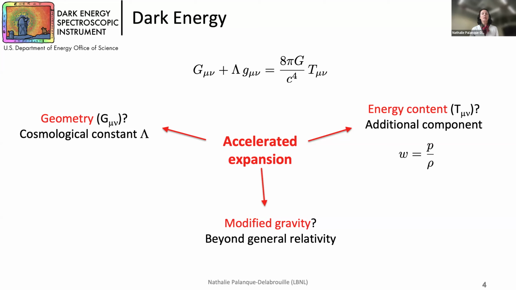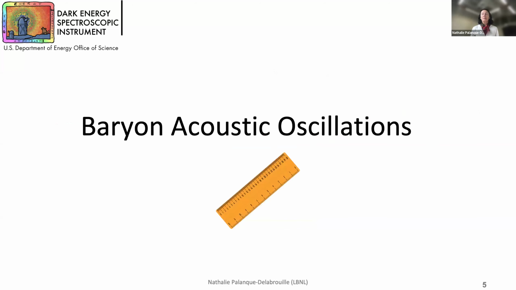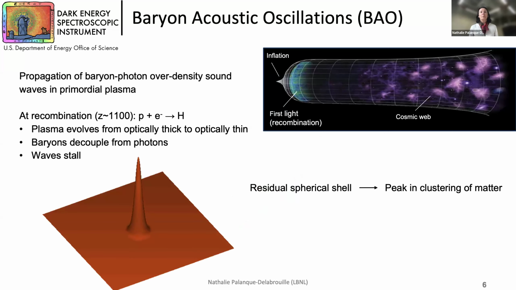The method that DESI is using to study the expansion of the universe, and therefore to understand the role that dark energy is playing, is the study of baryon acoustic oscillations, which have been shown to be an extremely promising approach. So where do these BAOs, or baryon acoustic oscillations, come from?